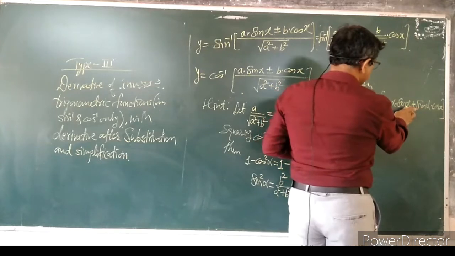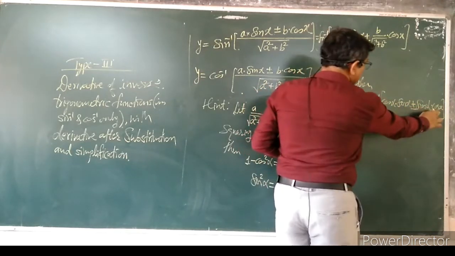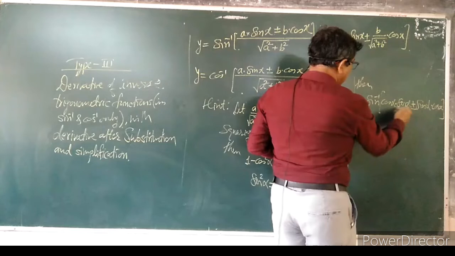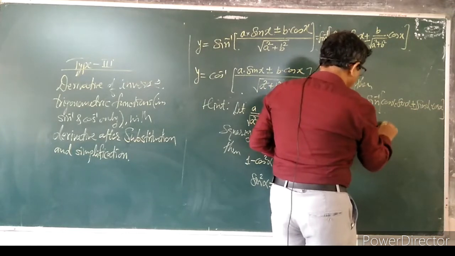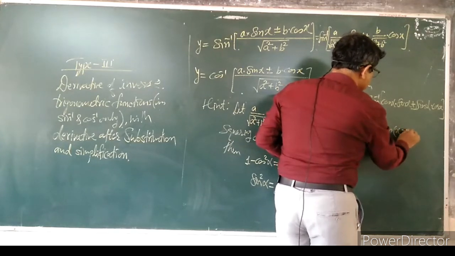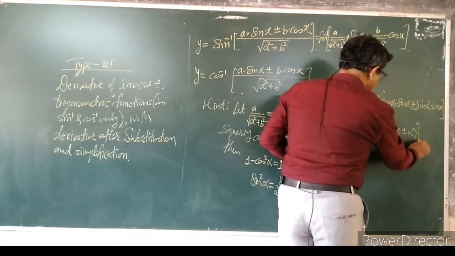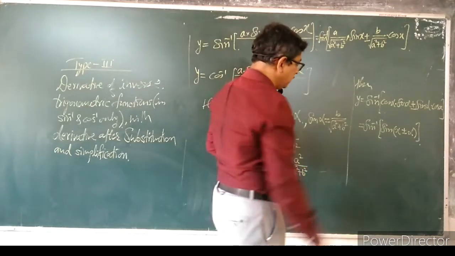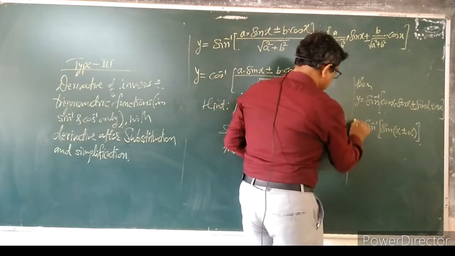And if we consider this, it is plus sine x cos alpha plus cos x sine alpha, or minus. Now this is in the form of the formula for sine of x plus or minus alpha.